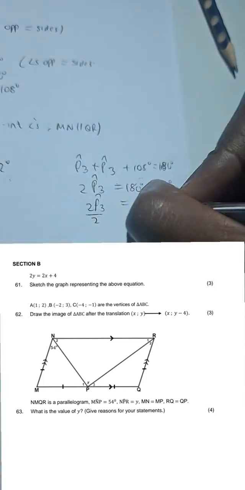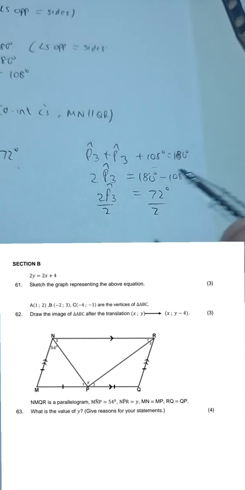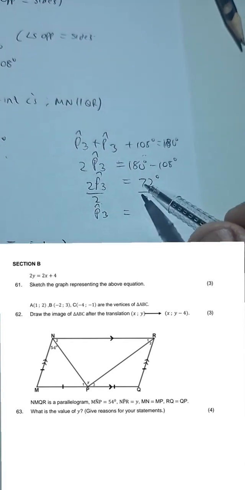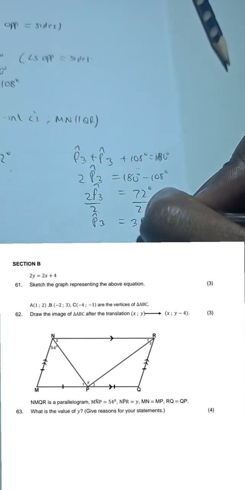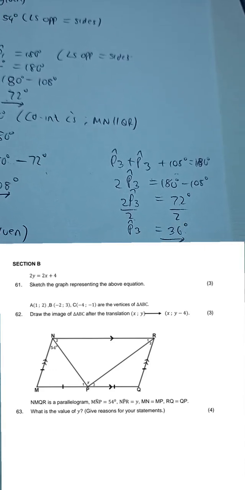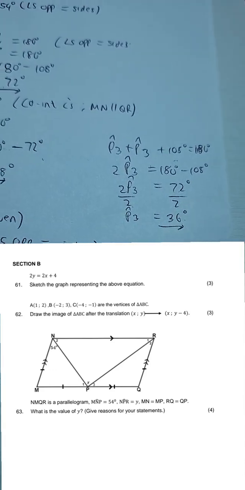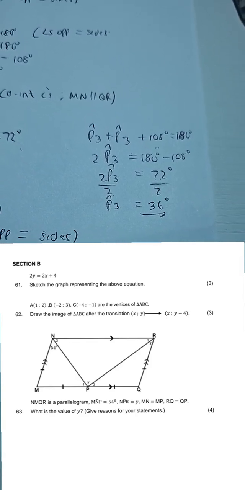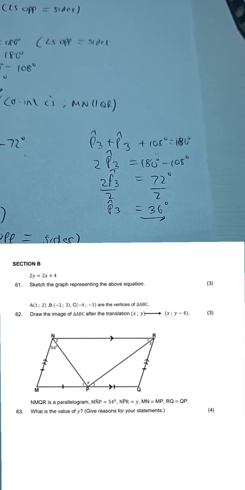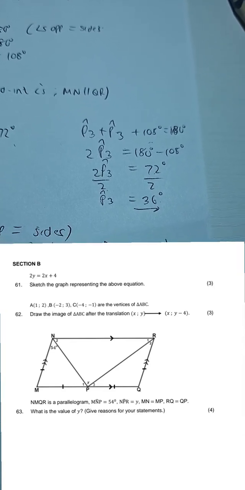I divide both sides by the coefficient of angle P3, which is 2, which means angle P3 is equal to what? 72 divided by 2. It's 36 degrees. Okay, do you see that, guys? Nicely done.